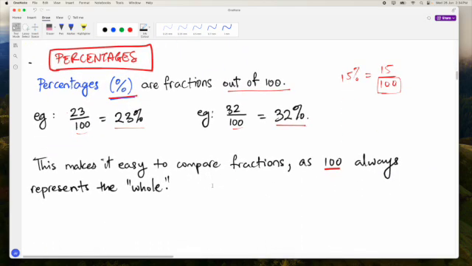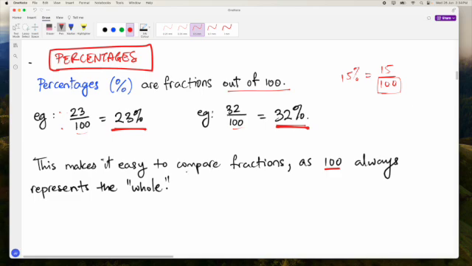So now this is really what we're talking about here. This is percentages, and you can see we just use this little symbol for percentages. Percentages are fractions out of 100. So these, as you can see, numerator, denominator, they're all out of 100. So 23 over 100, that's 23%. 32 out of 100, that's 32%.